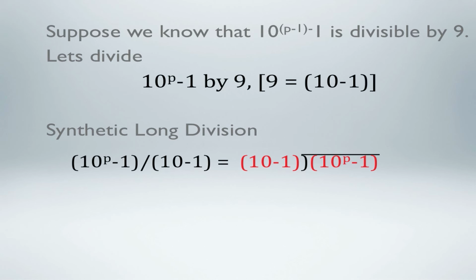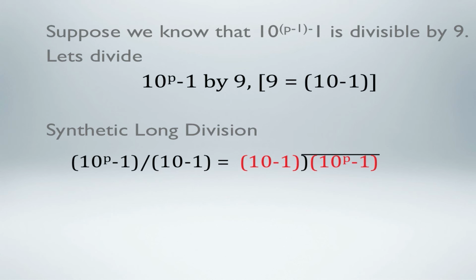First of all, I'm going to begin this exercise with the assumption that, looking at the top line here, we know that 10 to the p minus 1 power, minus 1, is divisible by 9. We know that's going to be true for some value of p. In fact, we've just shown, for example, that 10 squared minus 1 is divisible by 9.